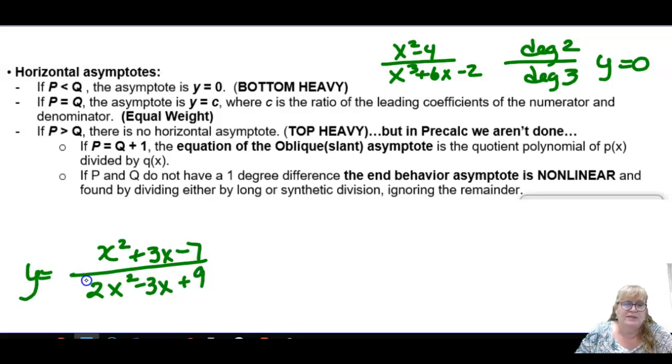Then what happens is it says the asymptote will be y equals c, where c is the ratio of the leading coefficient of the numerator over the denominator, or y equals leading coefficient over leading coefficient when they are equal weight, okay? This is for this one, equal weight.